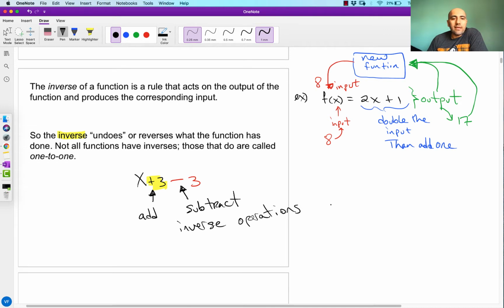Likewise, multiplying and dividing are inverse operations. They undo each other. That's what we're talking about here, except we're specifically talking about functions.